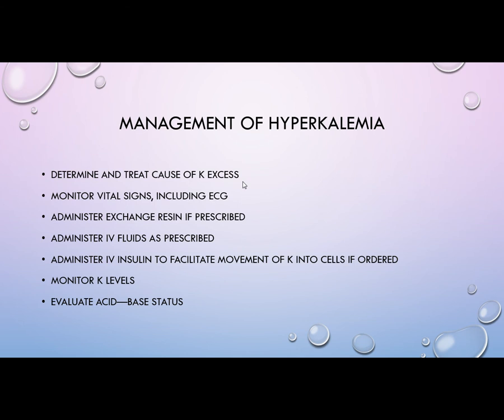Okay, this insulin will be given in a fluid that is high in dextrose. Okay, so you will also need to monitor these patients for hypoglycemia. Okay, when you're giving this, you're going to monitor that potassium level, and you need to evaluate the acid-base status to see if they're having improvement in their acidosis.